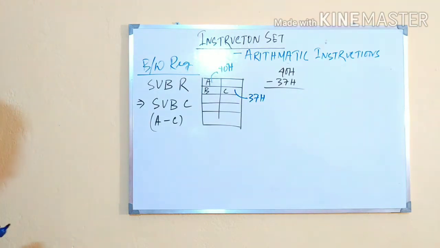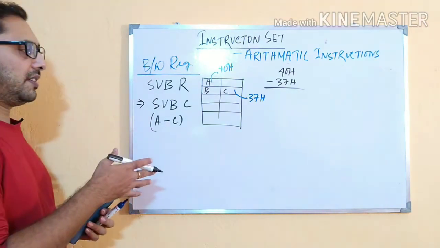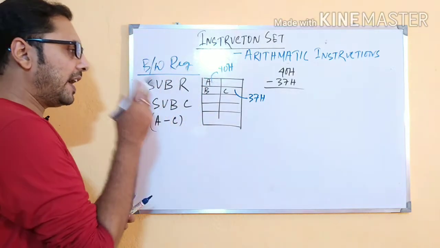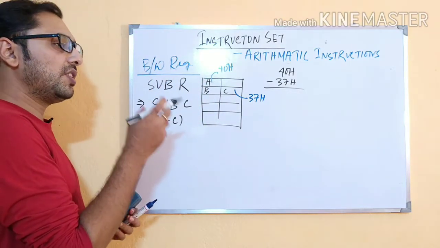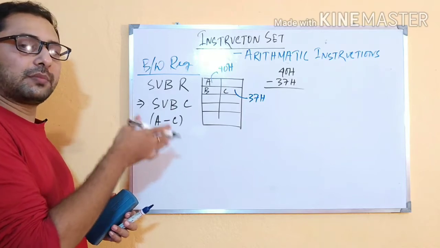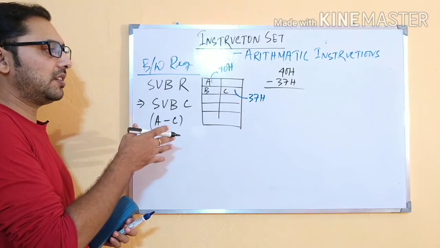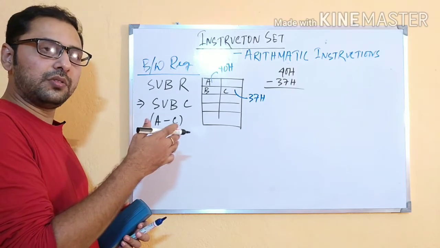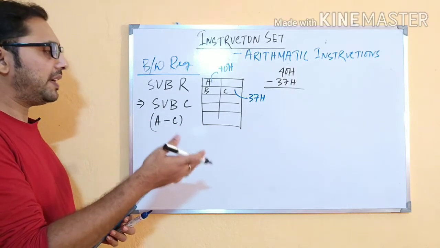Now the question is how it is done here actually. For that we need to remember the value which we want to subtract from the content of accumulator has to be converted into 2's complement. I am repeating it once again.